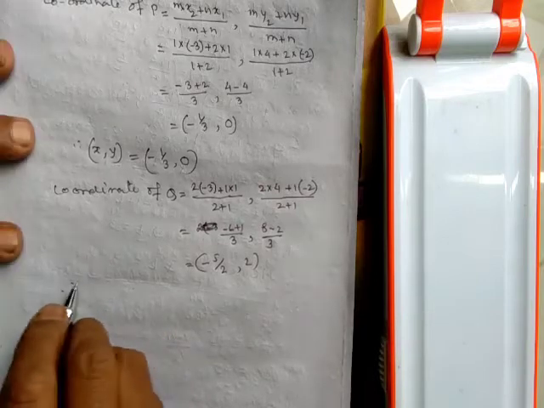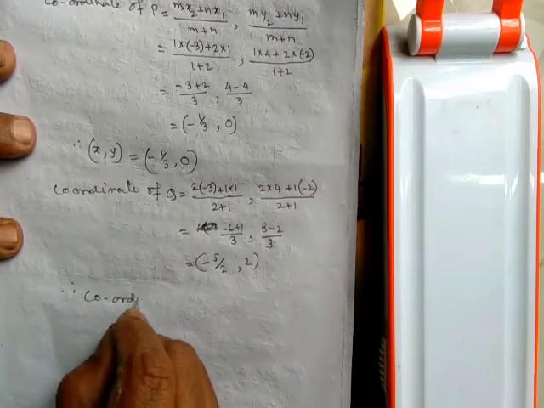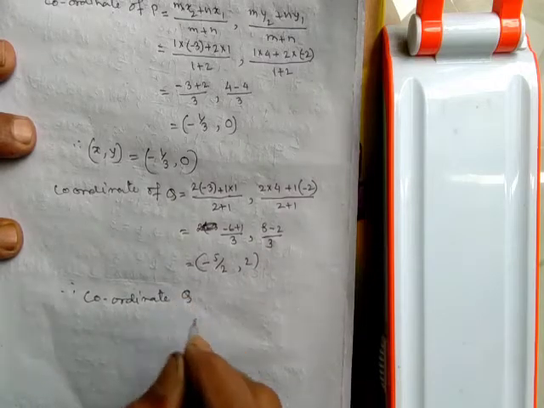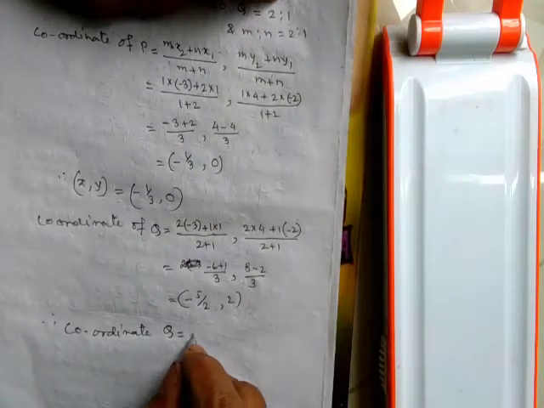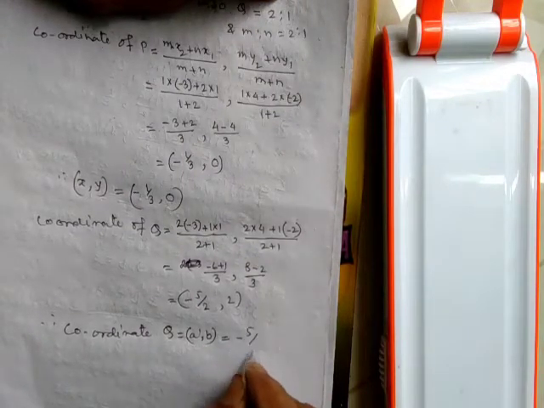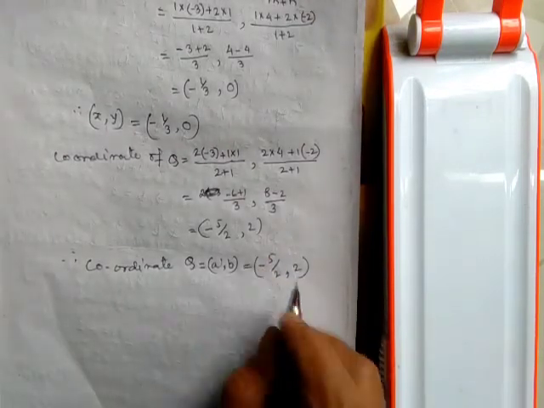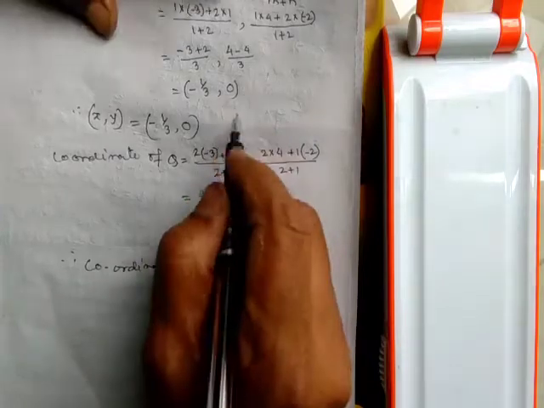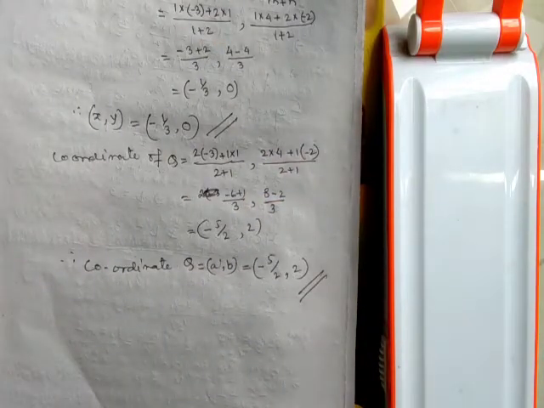Therefore, the coordinate of Q, (a, b), is (-5/3, 2). So the coordinates of P and Q, thus we got it.